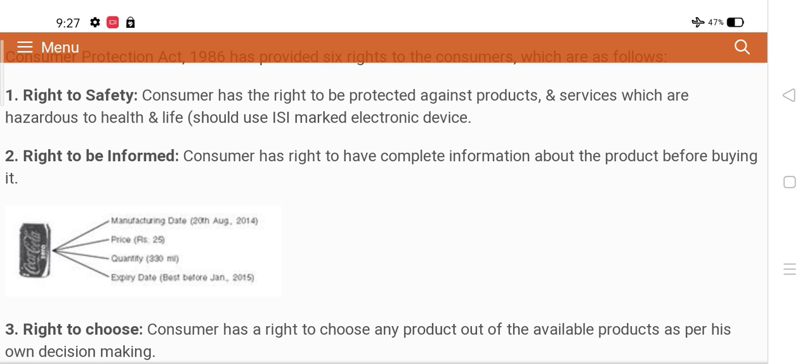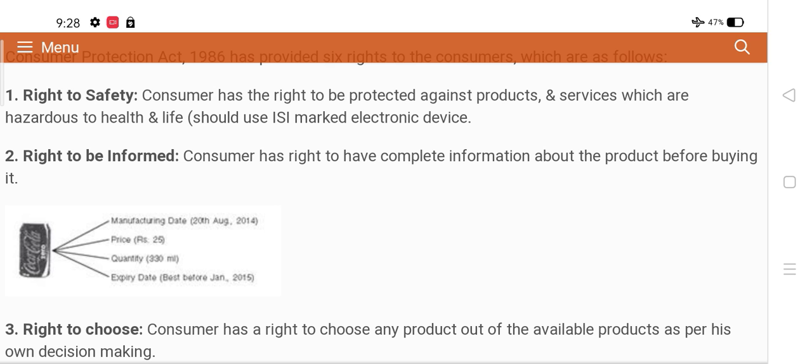So if any manufacturer is producing a product or services which are hazardous to the health and life of the consumer, then according to the law, the consumer has the right to be protected.